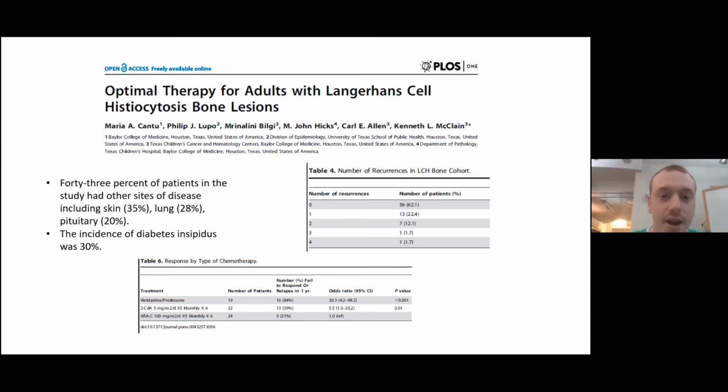But this one had the highest relapse rate, which was 84%. They compared it to cytarabine, which is used for leukemias and other types of blood diseases, and this combination had the lowest relapse. So that's something to have in mind in patients with systemic Langerhans.